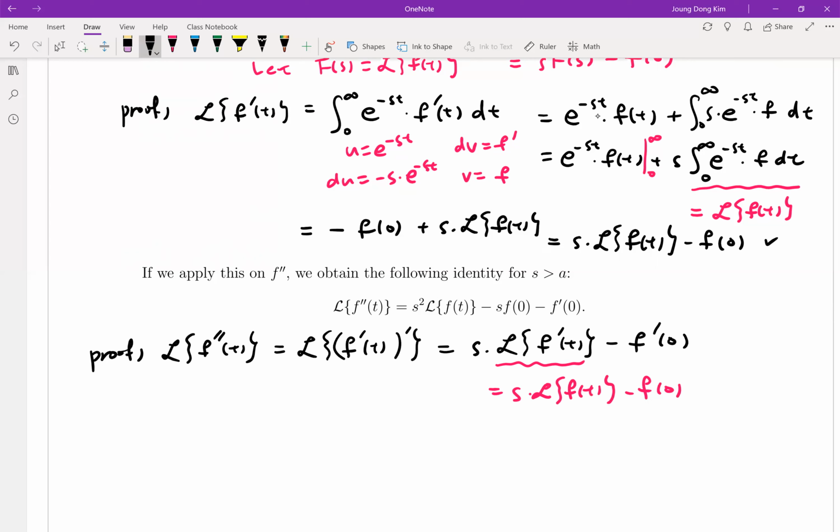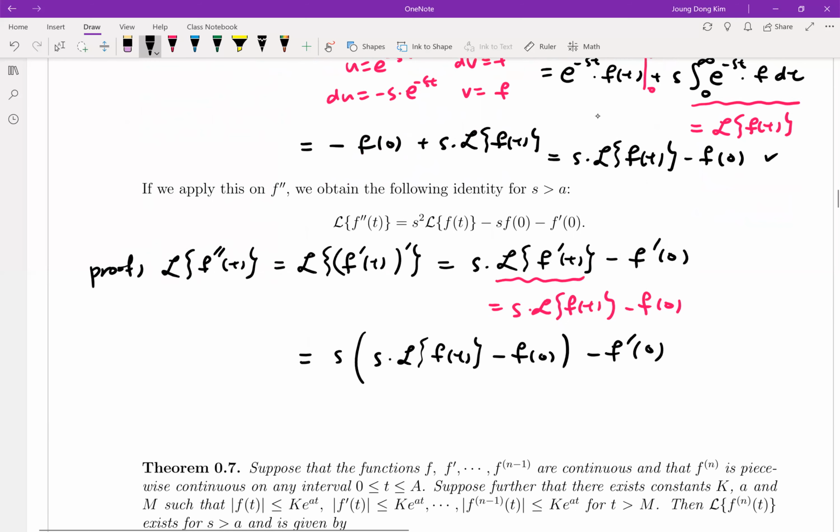Then this can be written as s times s times the Laplace transform of f of t minus f of 0, and minus f prime of 0, which is equal to s squared times the Laplace transform of f of t minus s times f of 0 minus f prime of 0. That's it, okay?